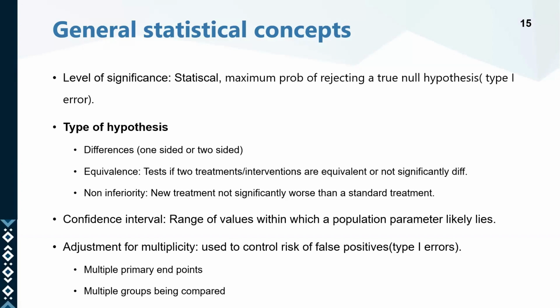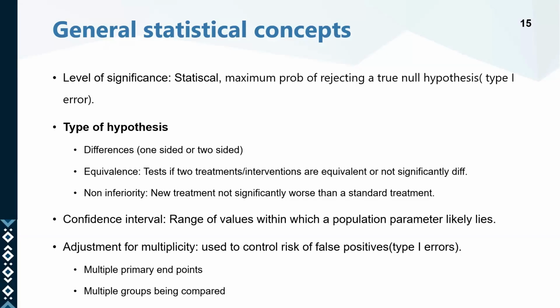Also, the confidence interval, you have to know it, which is the range of values within which your population parameter likely lies. And when conducting your statistical test, you might be faced with a situation where you have to conduct multiple statistical analyses on the same data, and you might have some false positives or type 1 errors.